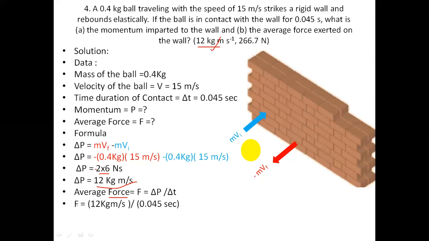So F is equal to 12 kilogram meter per second divided by 0.045 second. We get the force experienced by that ball as 266.66666 newtons, and if we round it off, our answer is 266.7 newton.